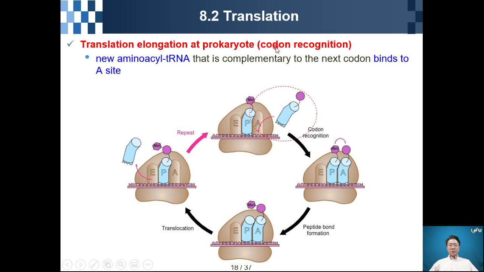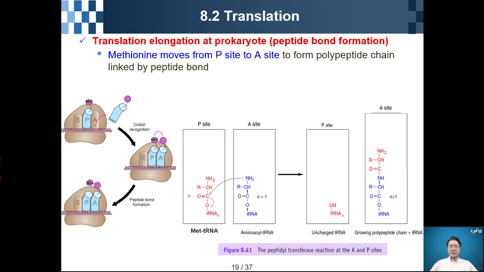The second procedure is peptide bond formation. This is the initiator tRNA which has the methionine. The methionine moves from the P site to the A site to form a polypeptide chain linked by peptide bonds.